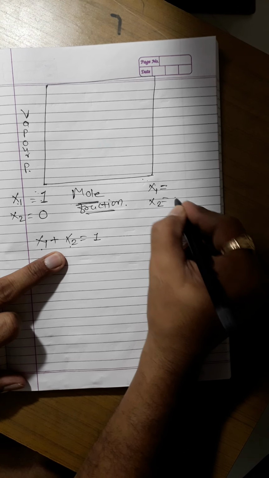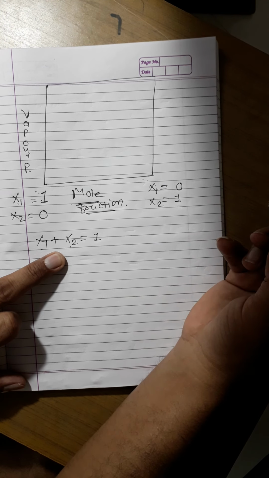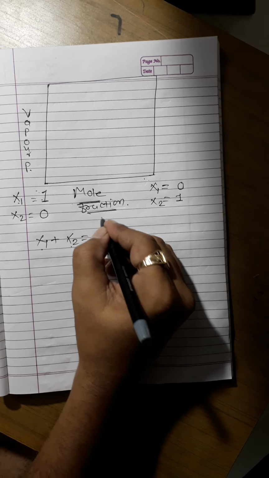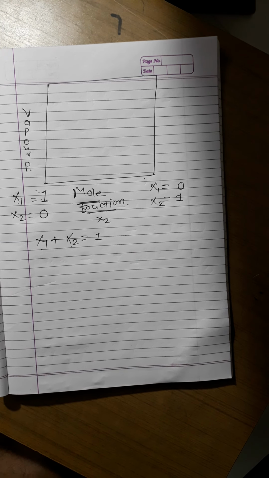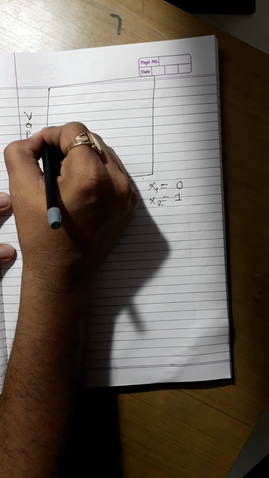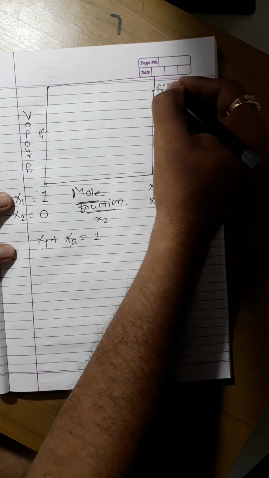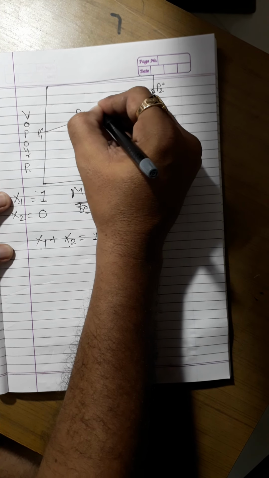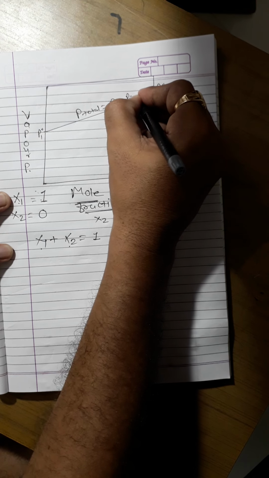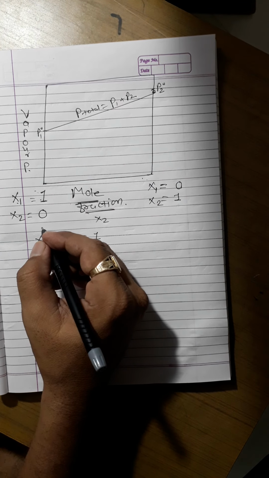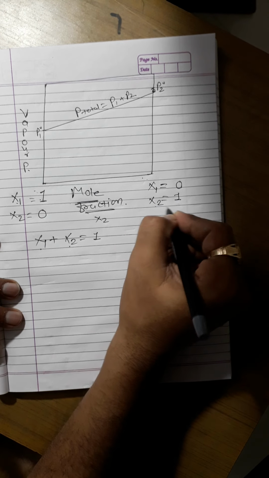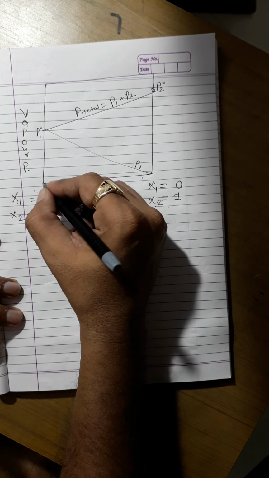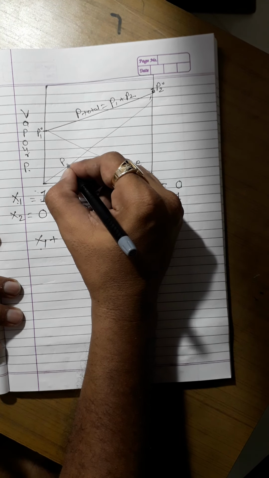And here I take the value of x2 as 1. In that case, x1 will automatically be 0, friends. So I can write both things. Mole fraction, if I take x2 here, so the vapor pressure I can get here, that is suppose P10, and here, friends, it is P20. So we can say P total is equal to P1 plus P2, that we just derived, and, friends, also for this x2 equal to 1, we can consider this as P1, and this, friends, we consider as P2.